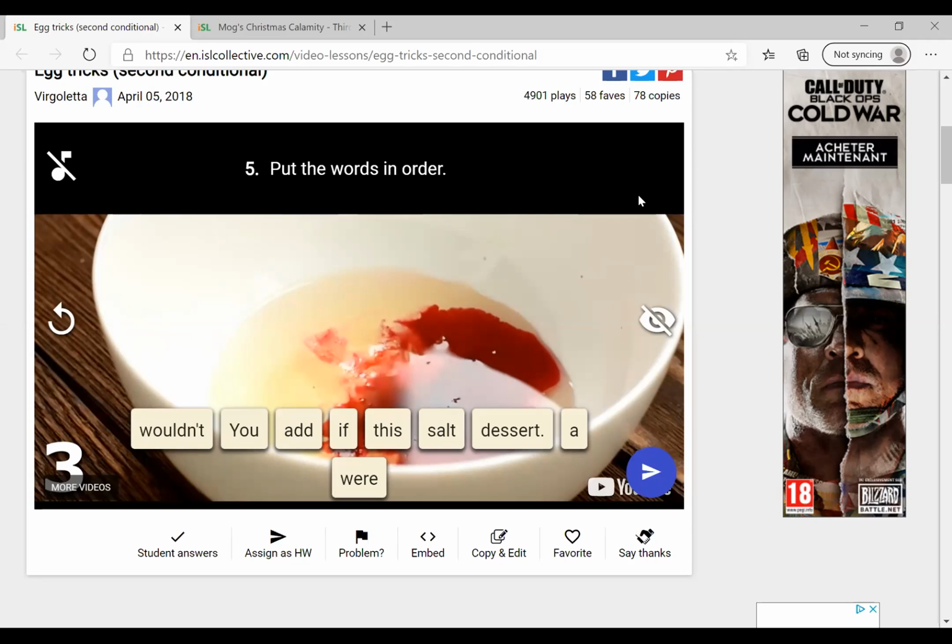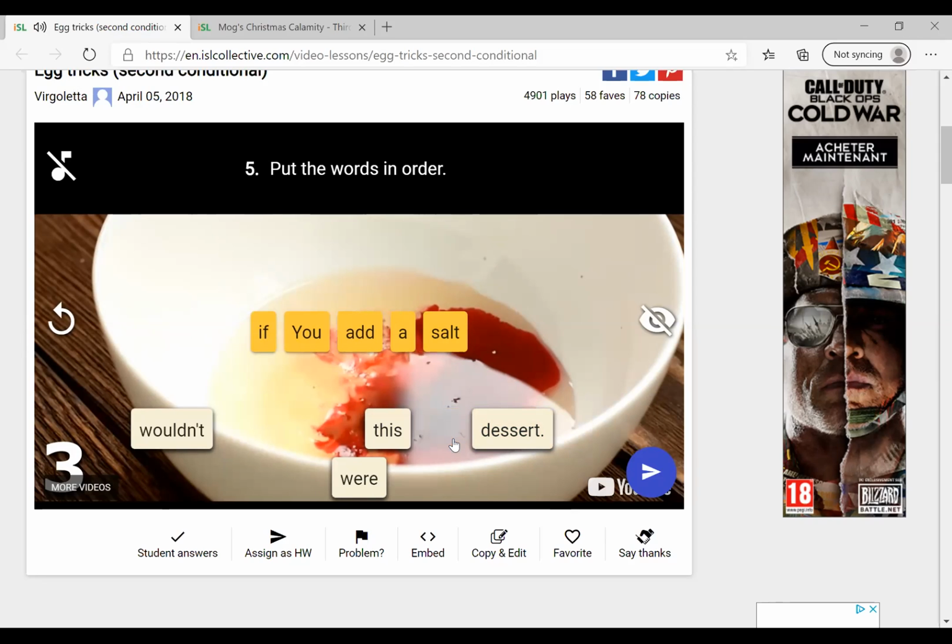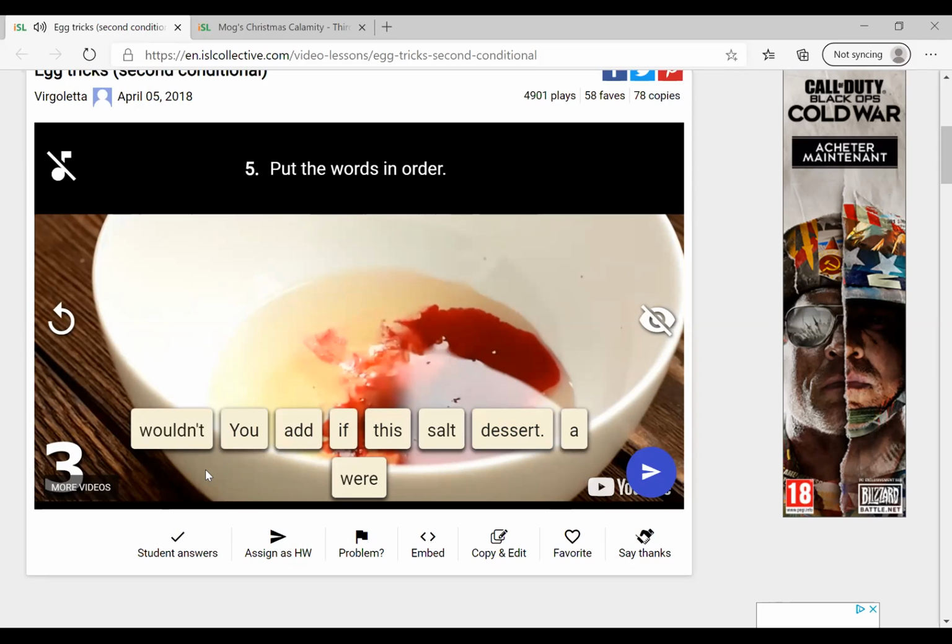Emilia. If you add salt... Something wrong. Go back. I don't know.